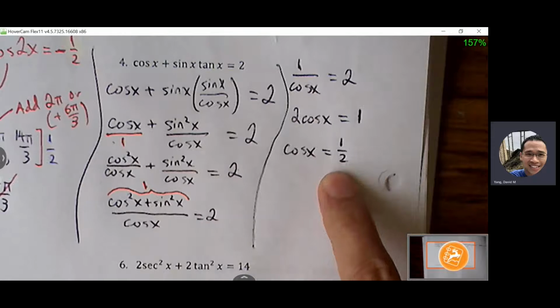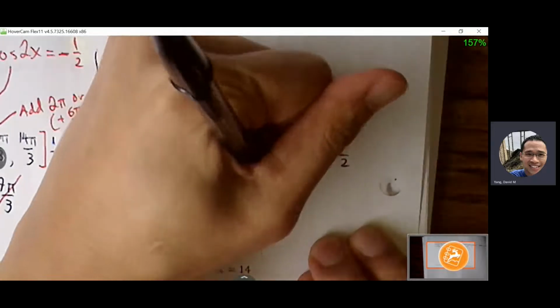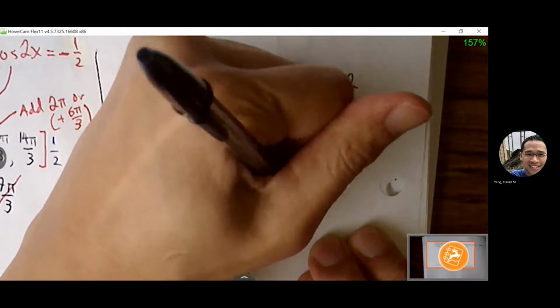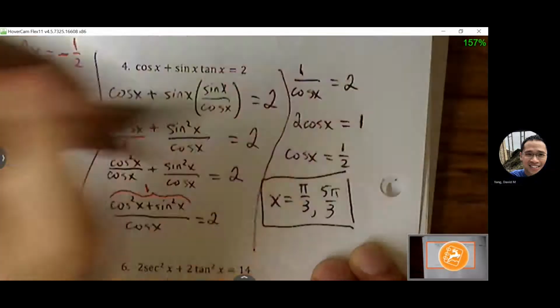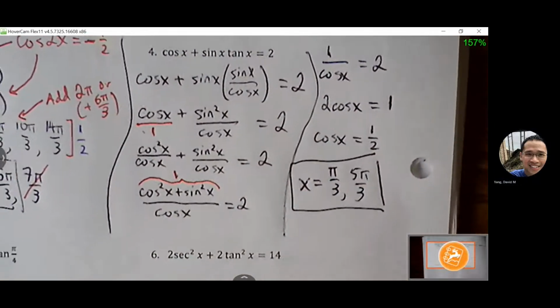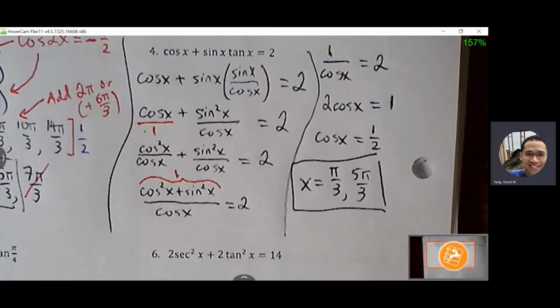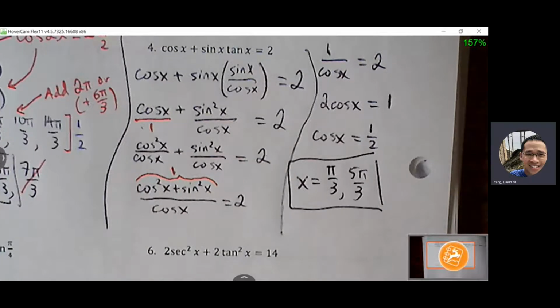Okay, so where's cosine equal to 1/2? First and fourth, yep. Okay, number 5, rely on sum or difference identity to expand out that cosine.